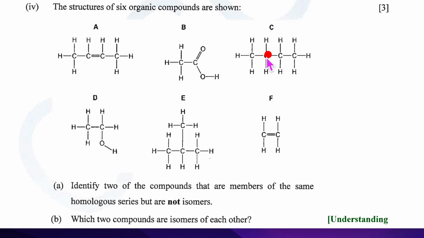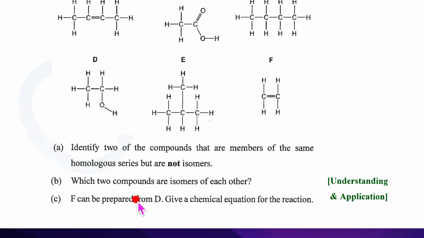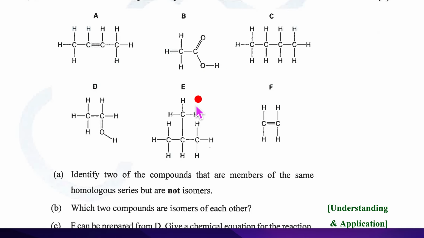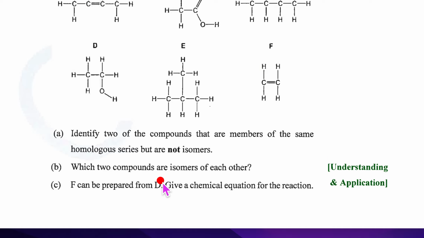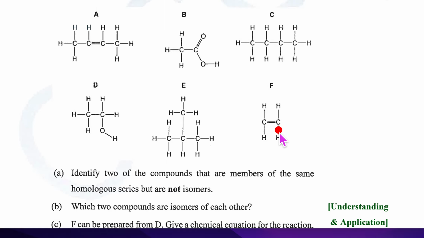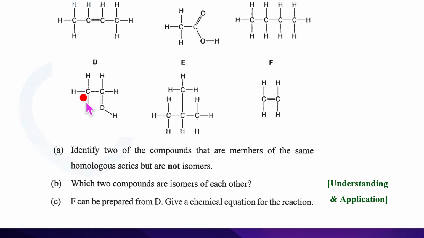Isomers of each other is 1 2 3 4, 1 2 3 4. Can you see? This is a branch isomer, chain isomer. That is your C and E. F can be prepared from D. Where is F? Yeah, from D. So this is your ethyl alcohol and this is your ethene.